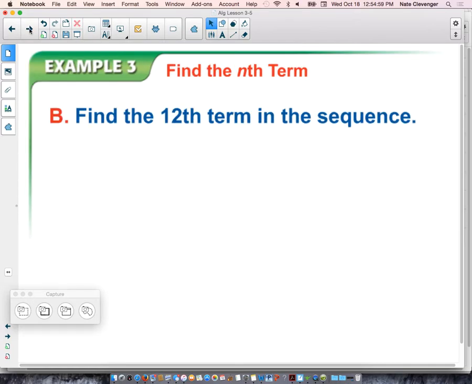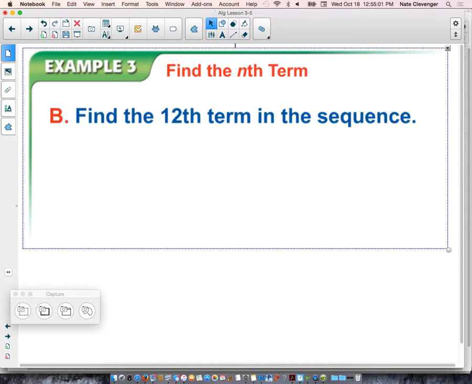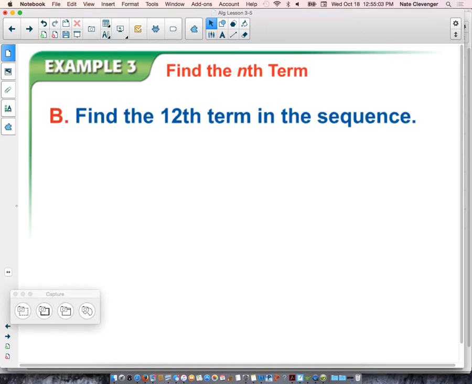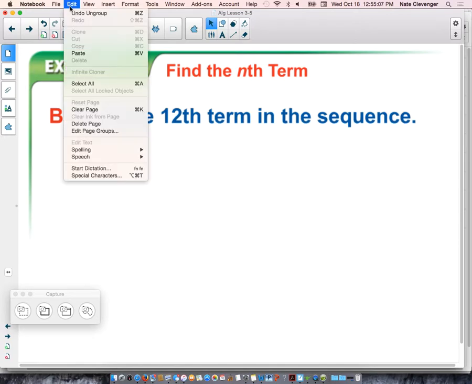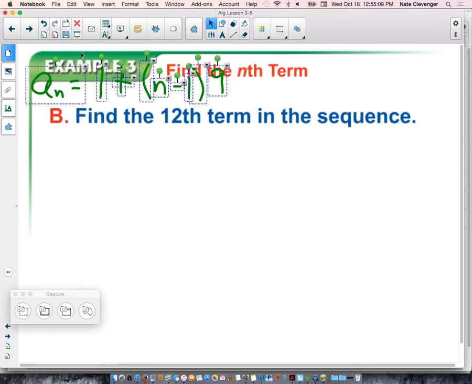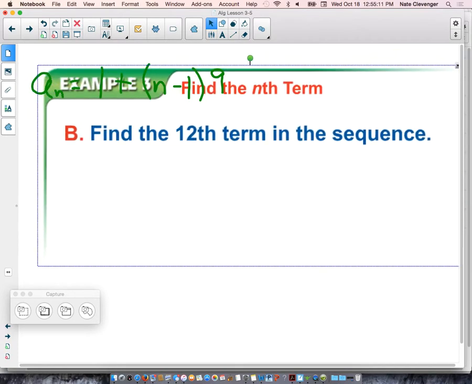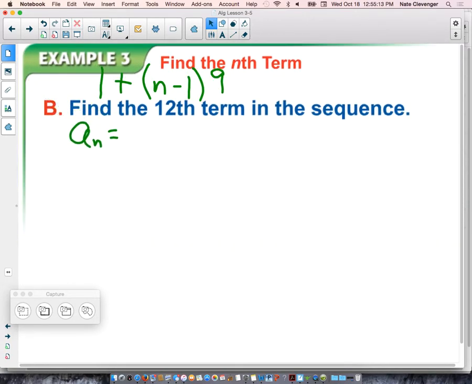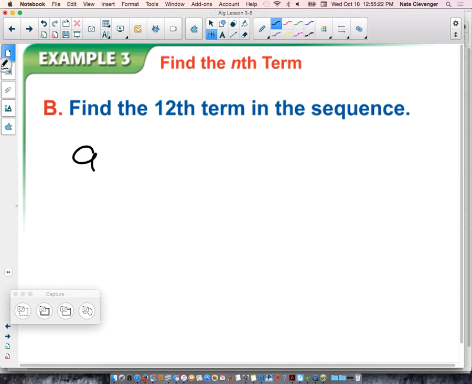All right, so the next one wants to know what our 12th term is. a_n equals 1 plus n minus 1 times 9, so that's our formula.